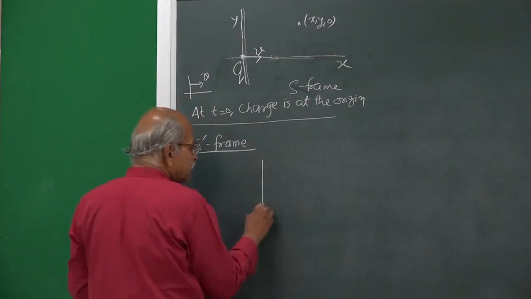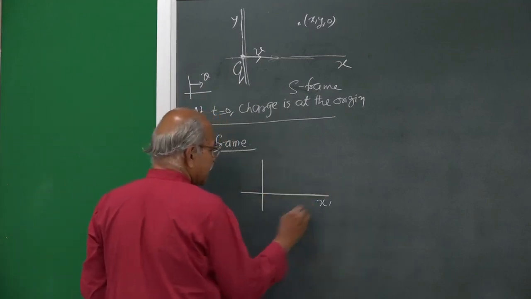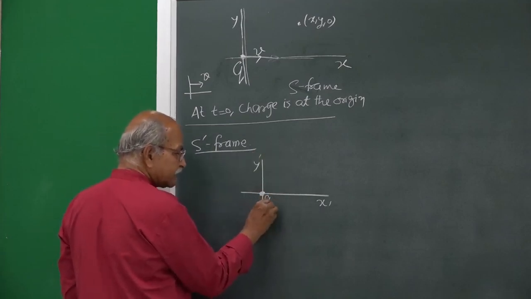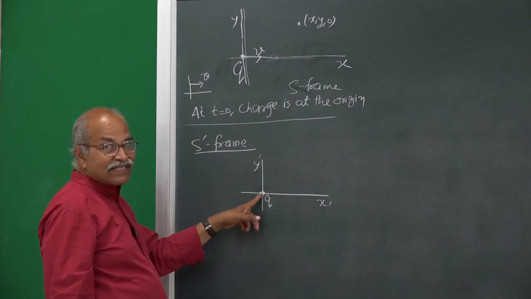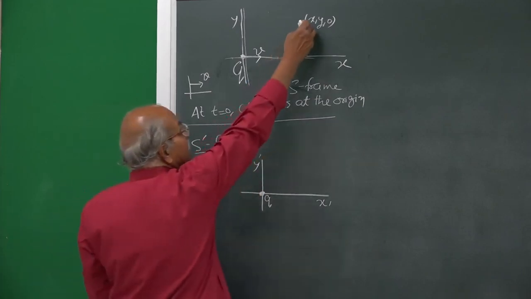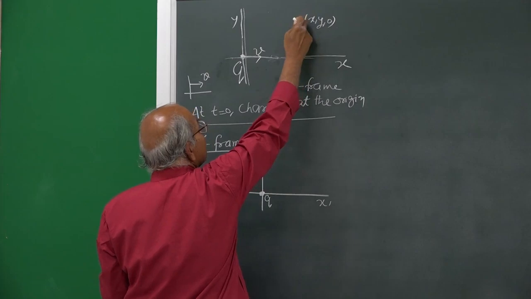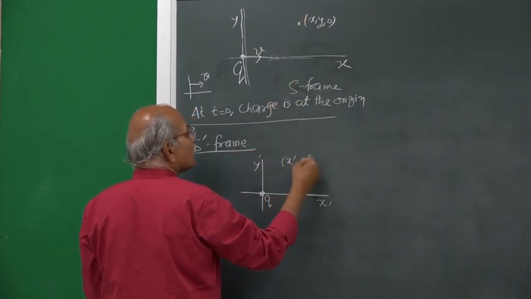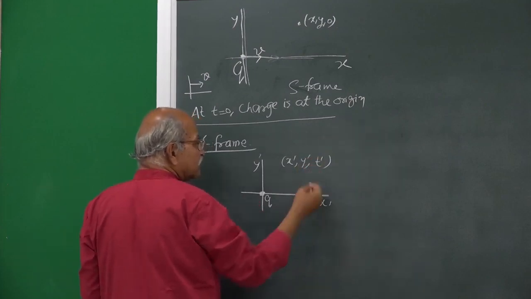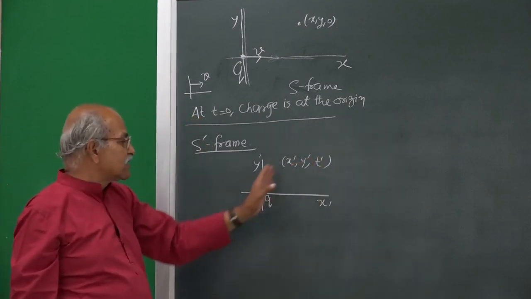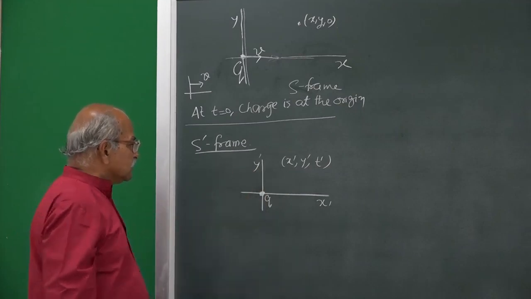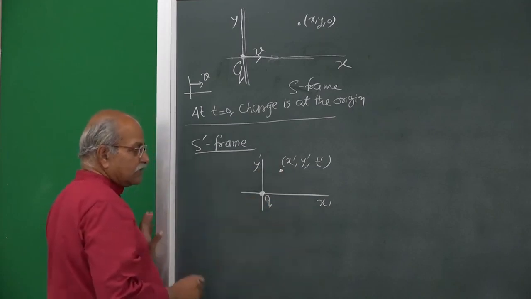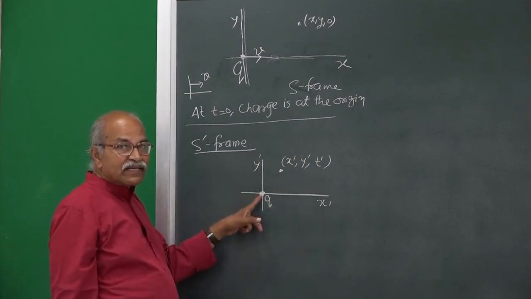So, in S prime frame, this is the situation, this is x prime axis, this is y prime axis, the charge is all the time sitting here, and then the point corresponding to this will be x prime, y prime, and t prime I am not concerned with, because here t prime does not make any difference. So, at this point you know what the electric field is, because now the charge is stationary, the charge is not moving.